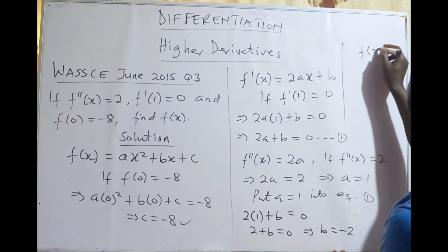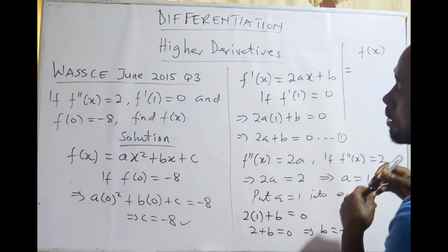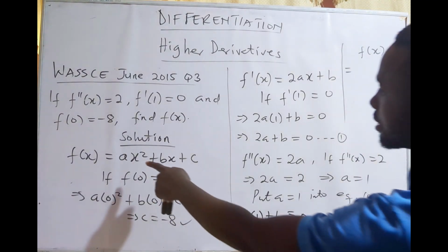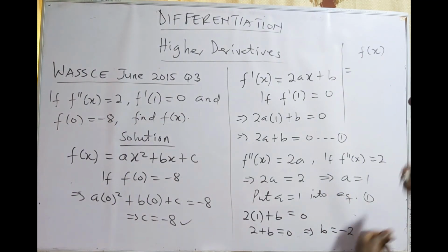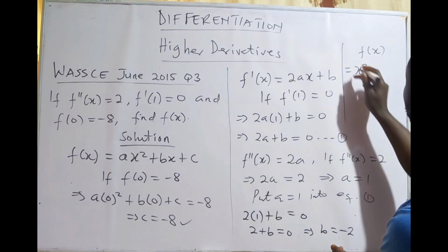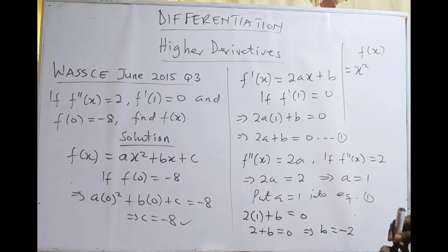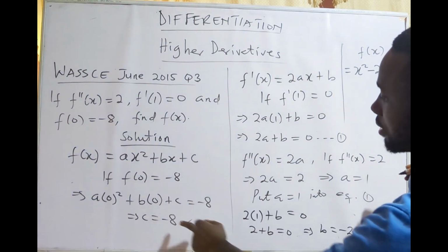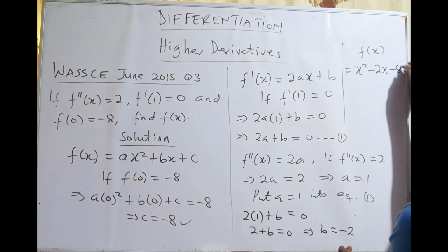So I can write my f of x, which is ax squared plus bx plus c. What is your a? A is 1, so x squared. And then what is my b? Negative 2, so minus 2x. And then what is my c? Negative 8, so minus 8.